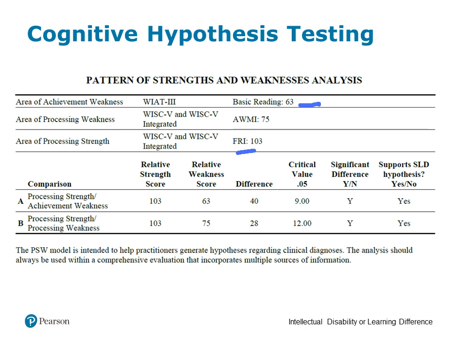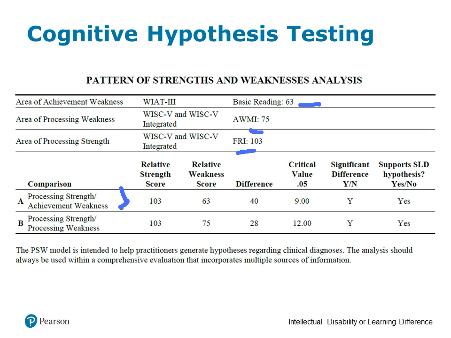And what you want is a processing strength that is not theoretically linked to the area of underachievement, and you want to choose as your processing weakness an index or an area that is linked theoretically to the area of achievement. So essentially, you're looking at concordance and discordance, and what you want to find is that there is discordance, if you will, between the processing strength and the achievement weakness.